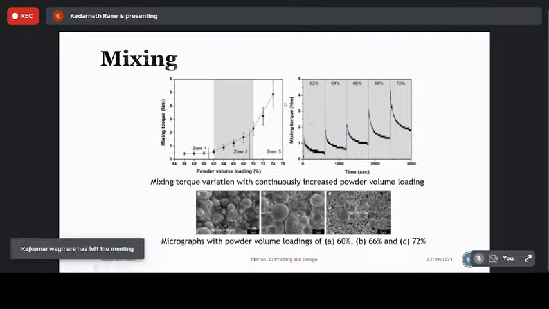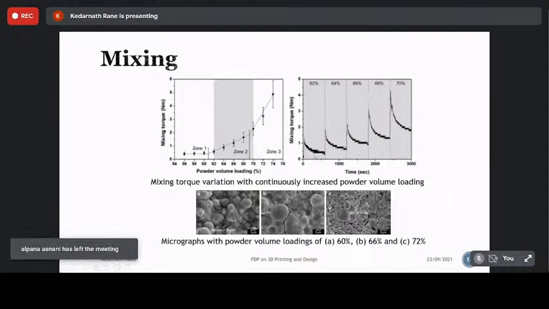Plus, very high powder loading means lower flowability of the material, because you have very little polymer to flow the material. So very complicated shapes cannot be manufactured. You can see here zone 2, which shows powder volume loading of 62 to 70%, is favorable for this process.